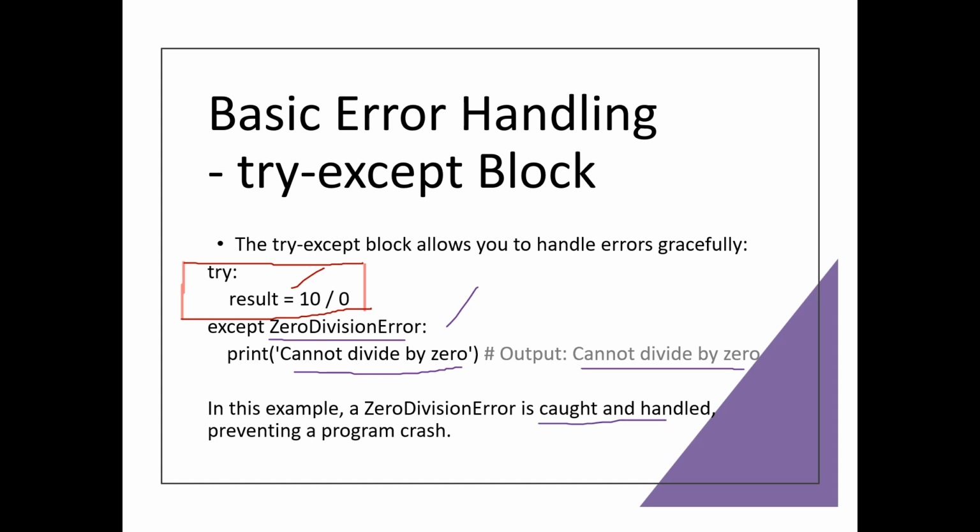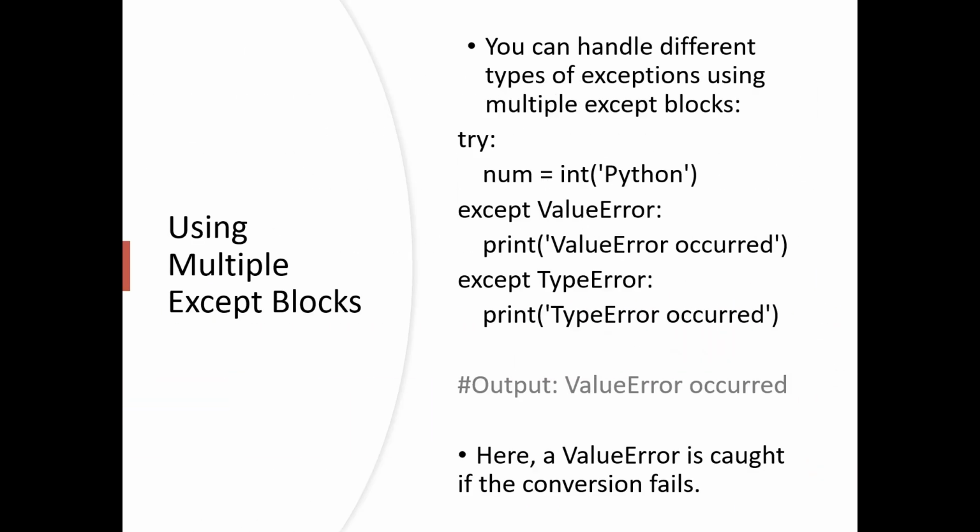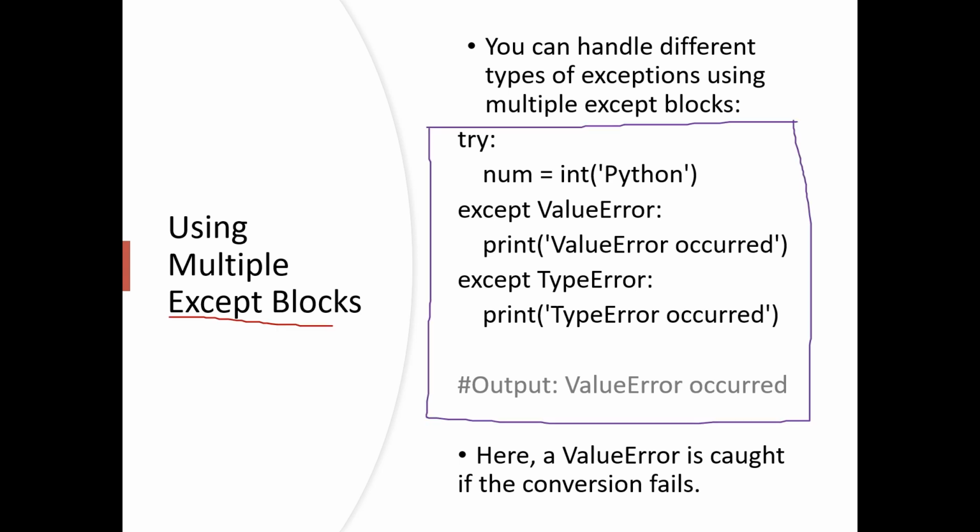While a single except block works well for one type of error, in many cases we need to handle multiple specific errors. Python allows us to do this with multiple except blocks. Here is how. You can handle different types of exceptions using multiple except blocks. This example handles two types of exceptions: value error, which occurs when a function receives an argument of the correct type but an inappropriate value, and the next exception is type error, which occurs when we perform operations on incompatible data types.